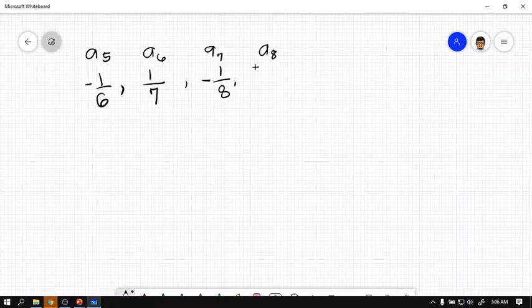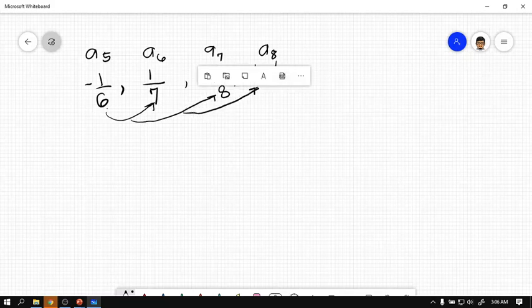Next, all of this has a numerator of 1. And then, pansinin natin yung pattern dito. Pagkatapos ng 6, ano? 7. Pagkatapos ng 7, 8. So, ano pagkatapos ng 8? That is 9.